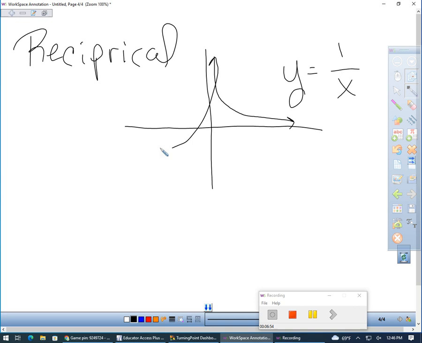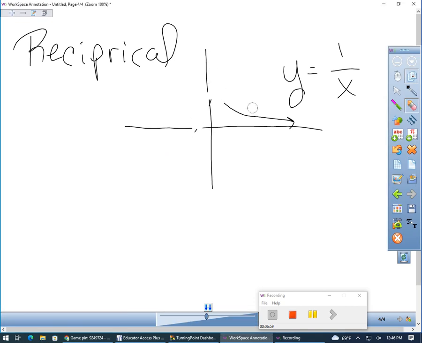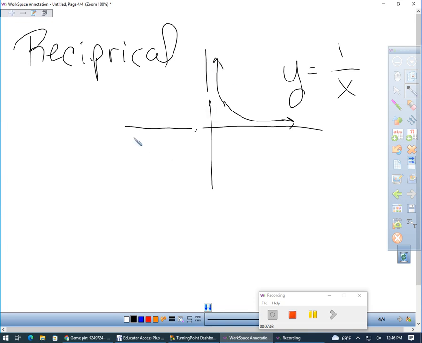Let me fix that. It is a graph that has two separate pieces. So this reciprocal function, this is also odd, which means it is symmetrical about the origin.